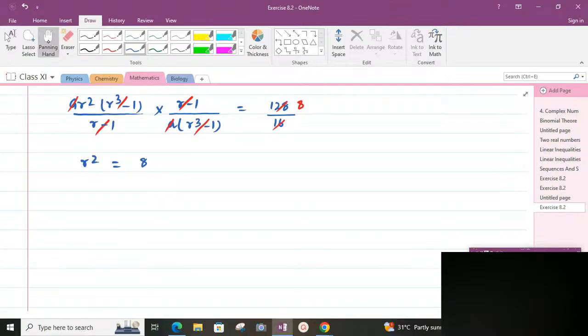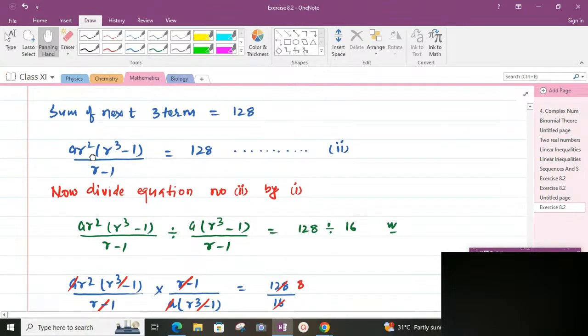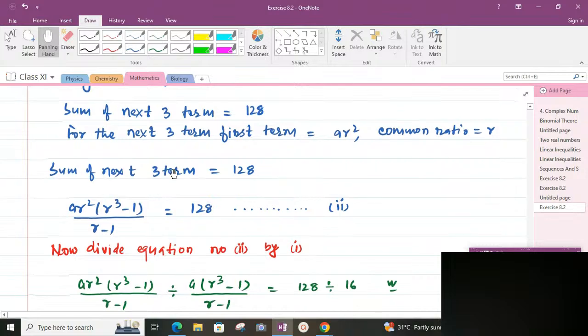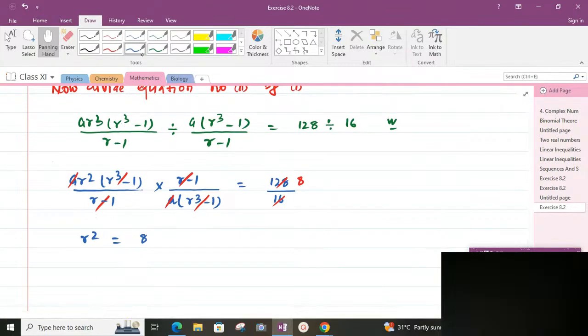We committed a mistake here. Let's see, for the next three terms, the first term here will be AR cube. So here will be AR cube. Therefore, R cube equal to 8.